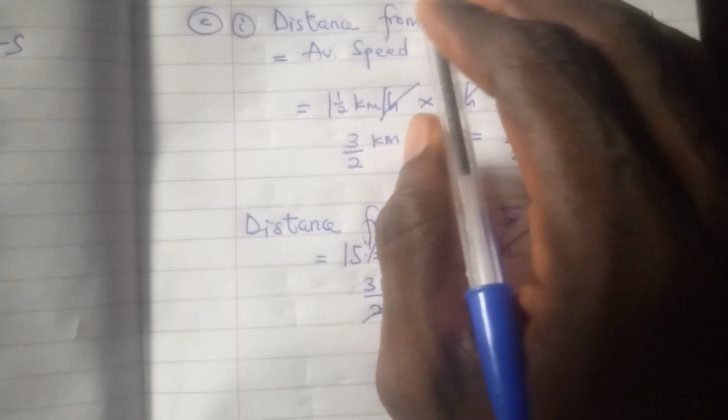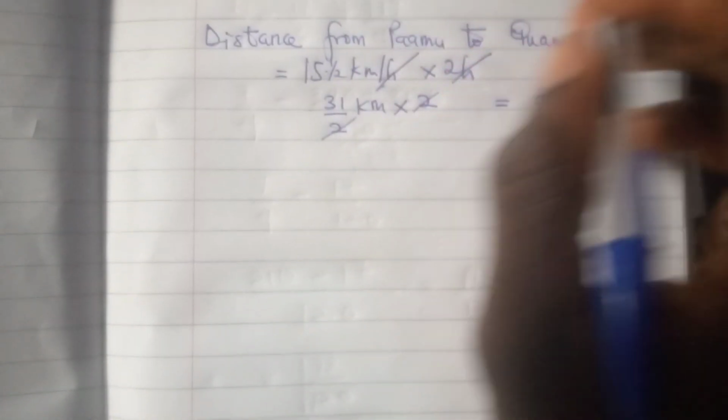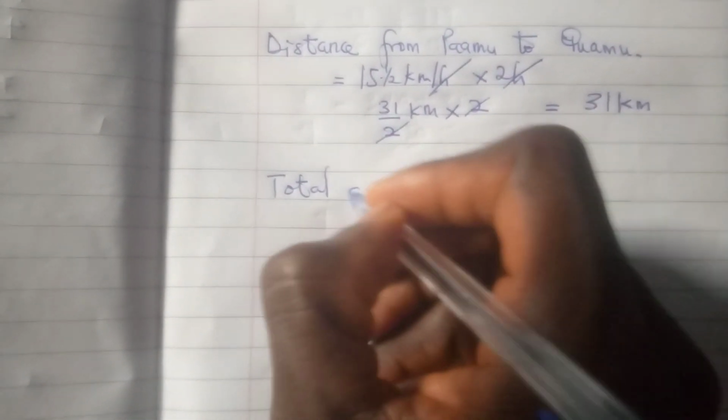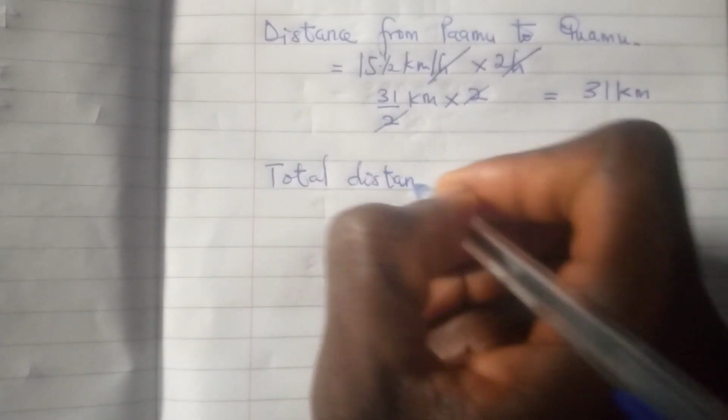Now what is the question saying? The question said, what is the distance from village to Kwamu? So from the village to Pamu is this, and from Pamu to Kwamu is this. So if I want the total distance, then I'm just going to add the distances I have solved for.